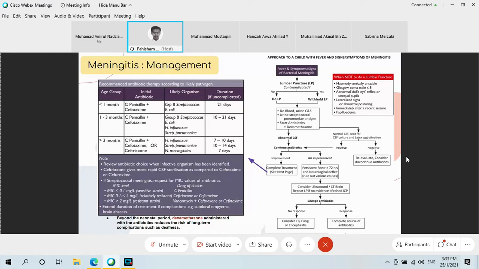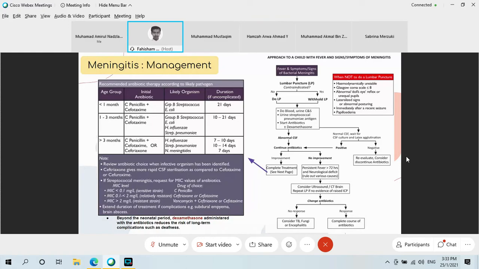Number 3, on your right side there was a mention. Why are we giving DEXA? It's stated here, it reduces the risk of long-term complications such as stiffness. But it's only for specific organisms, not all.